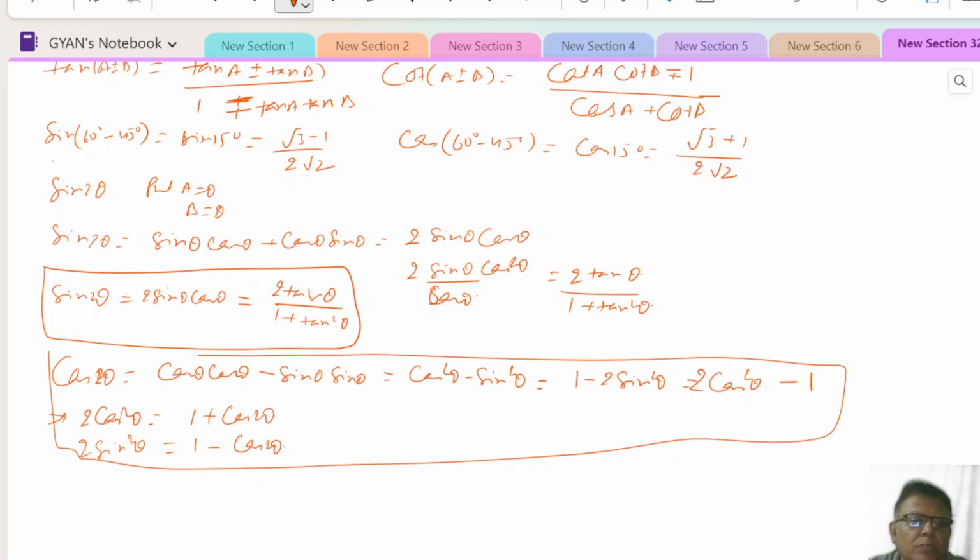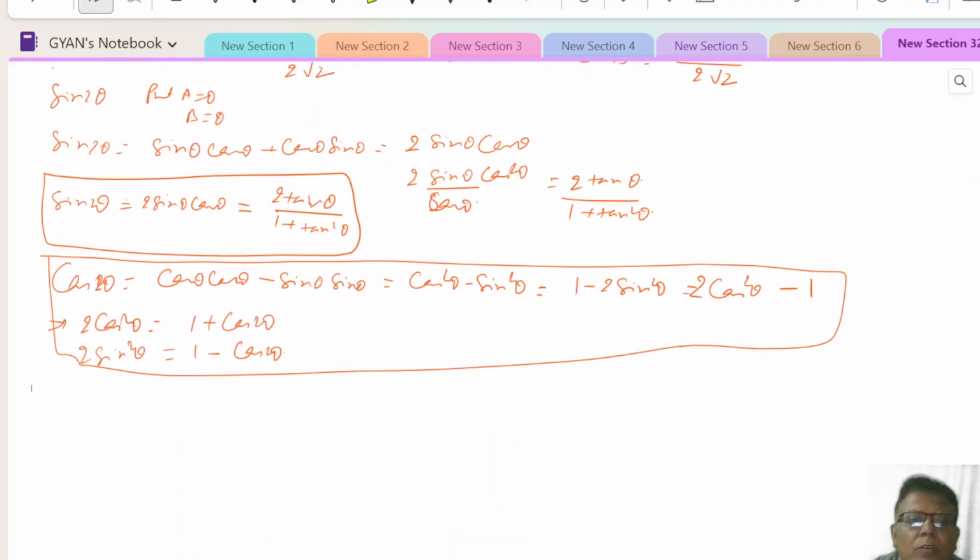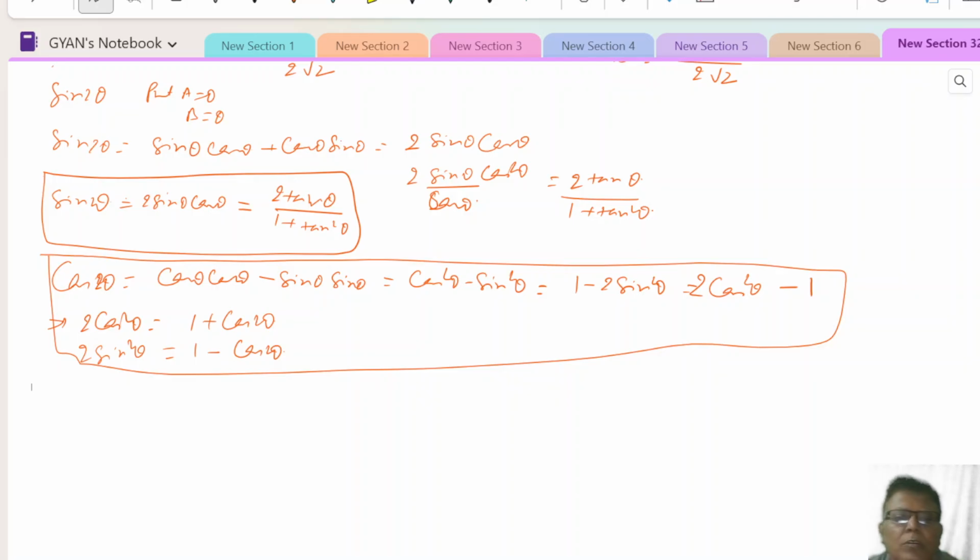Now you convert it to tan. So cos 2 theta can also be converted to tan. How? Here 1 minus 2 sin square theta divided by cos square theta into sec square theta.